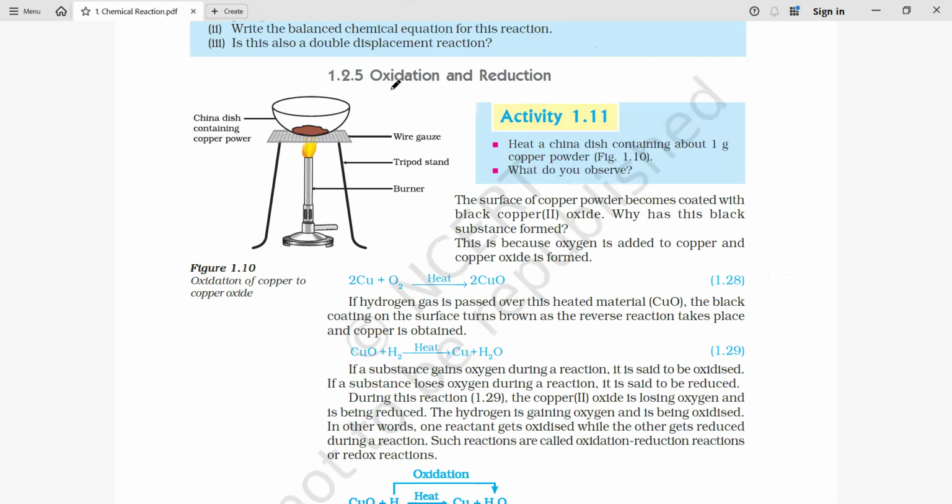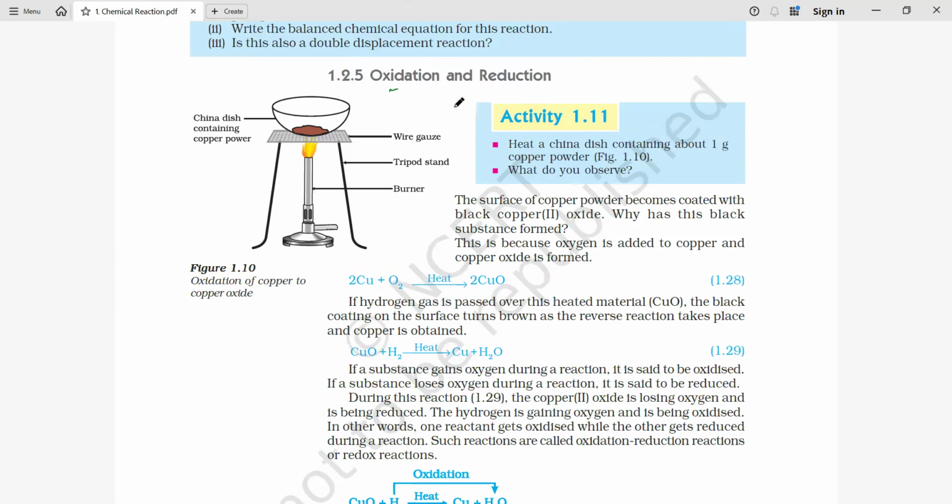So the next very important topic is oxidation and reduction. Okay, so maybe this lecture is going to end here. In the next section, we'll cover oxidation and reduction, and we'll cover the effect of oxidation in daily life.